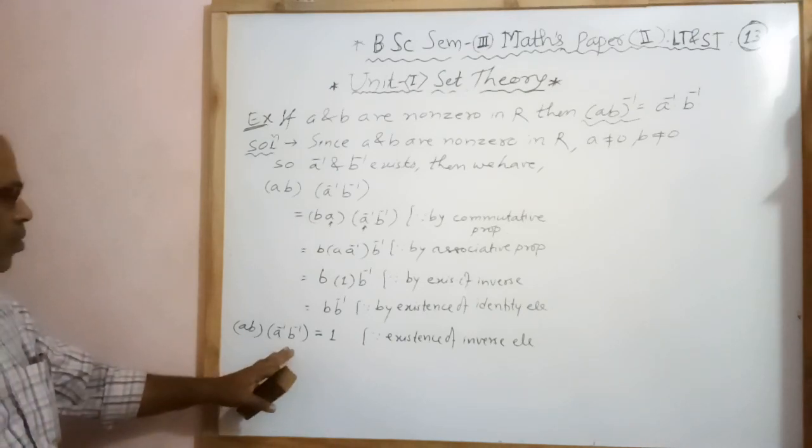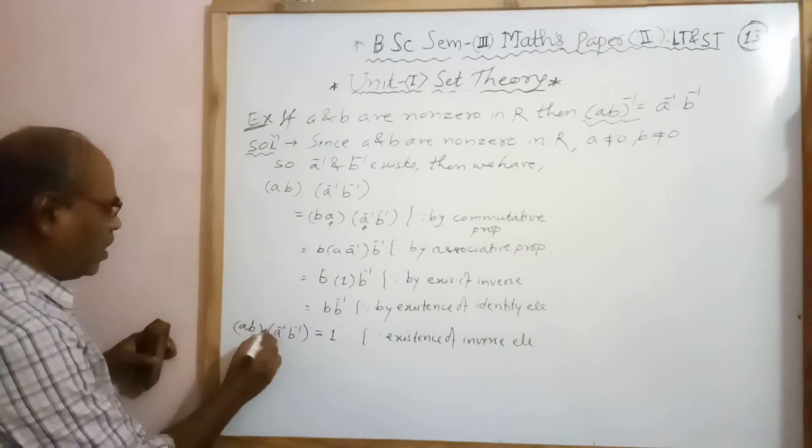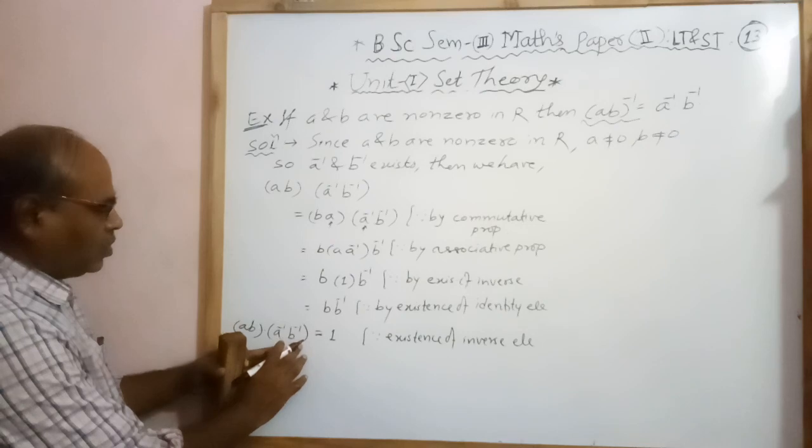That is why I get multiplication of these two numbers equal to 1. That is why I say that the inverse of AB is A inverse into B inverse.